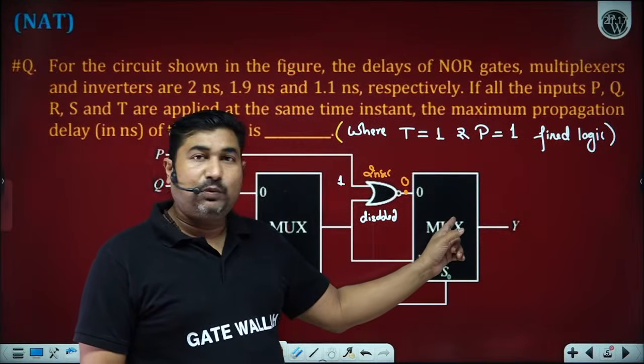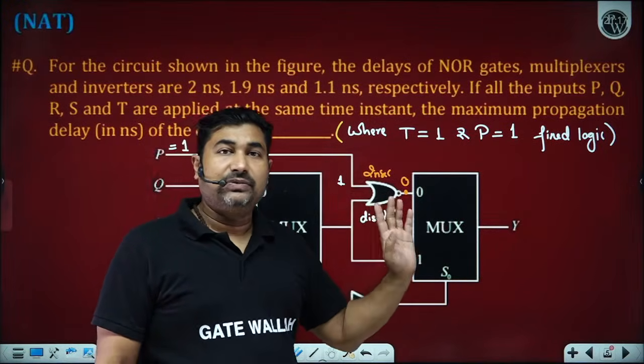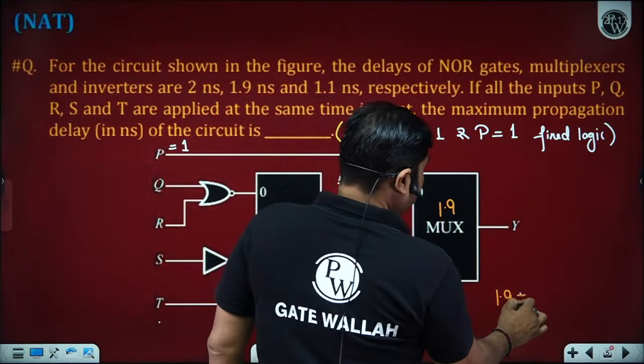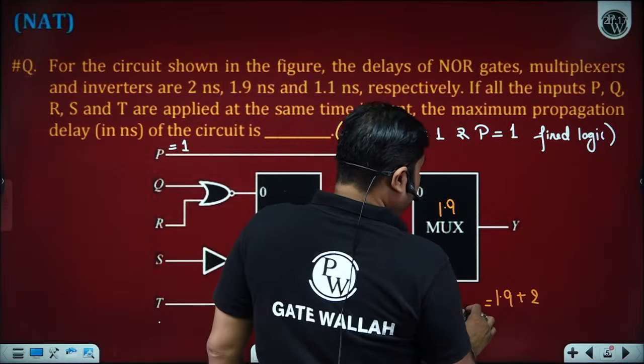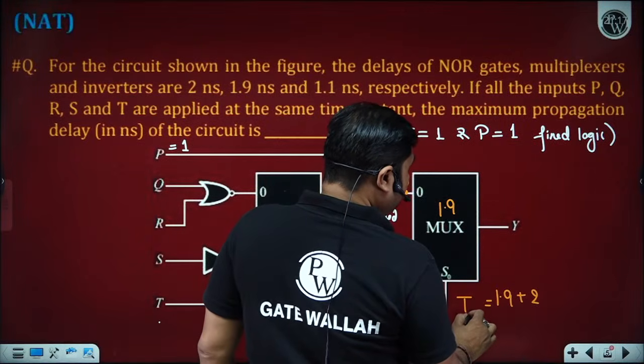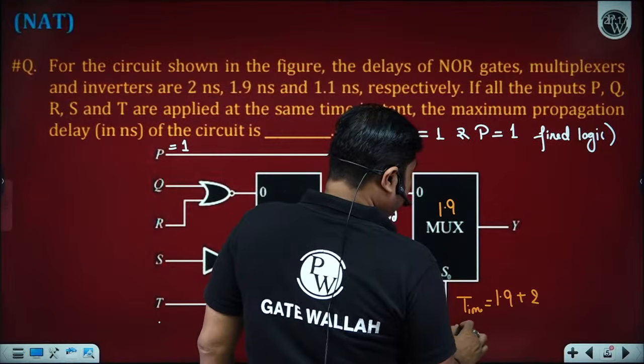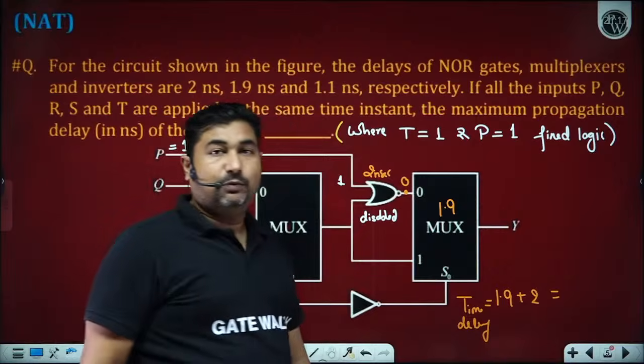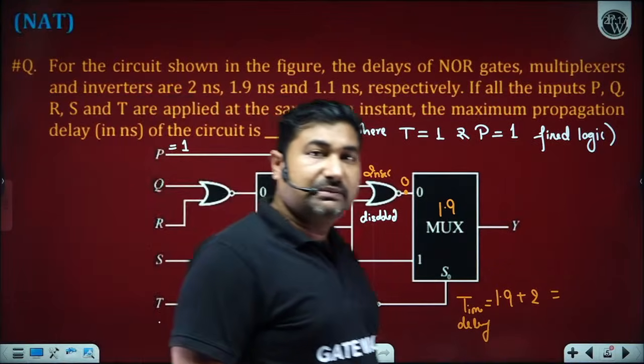So this will take 1.9 nanoseconds. Total it will become 1.9 plus 2 nanoseconds. Is it okay? So this is the time required. Time delay required will become 3.9.